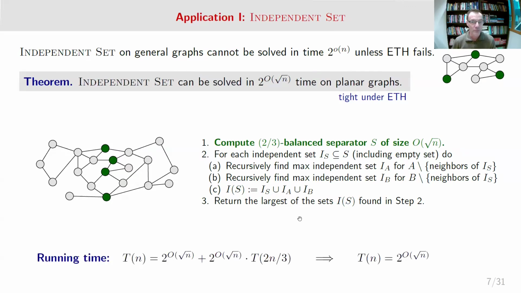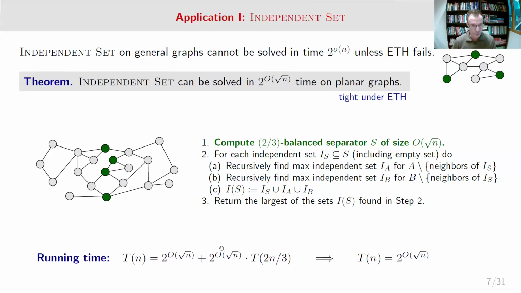And the running time: you have to compute this separator. Actually, you can do that in linear time in a planar graph. Then I have 2 to the square root of n independent sets in my separator. For each of them, I recurse. Actually, I recurse twice, once on the left side, once on the right side.